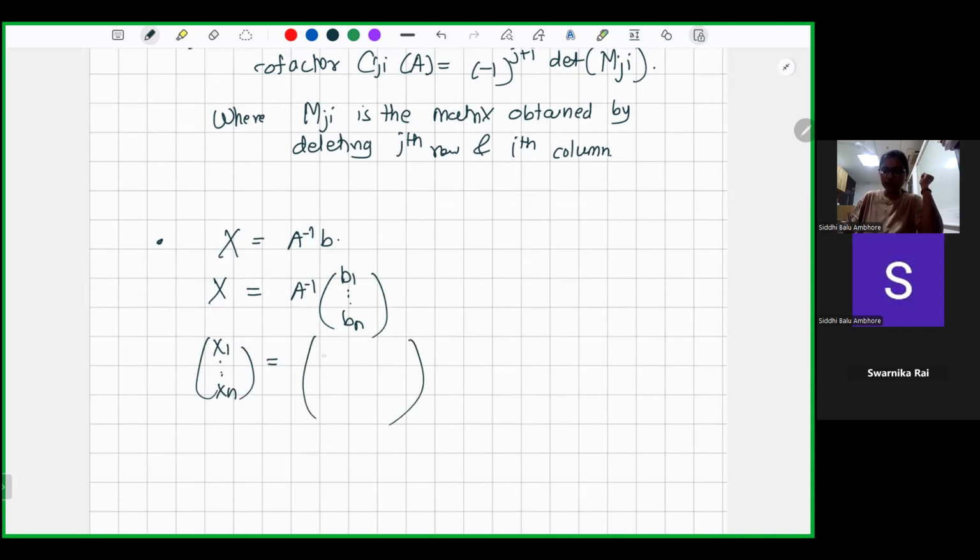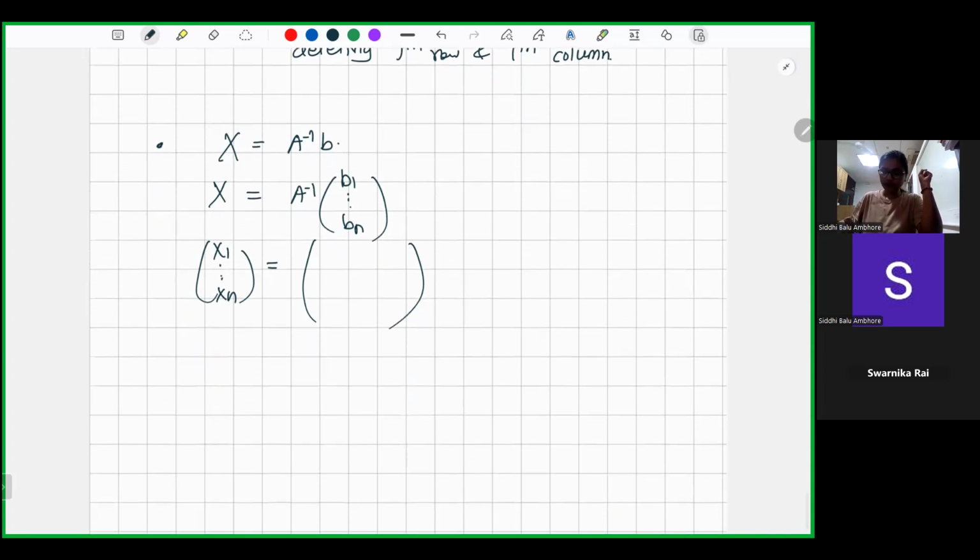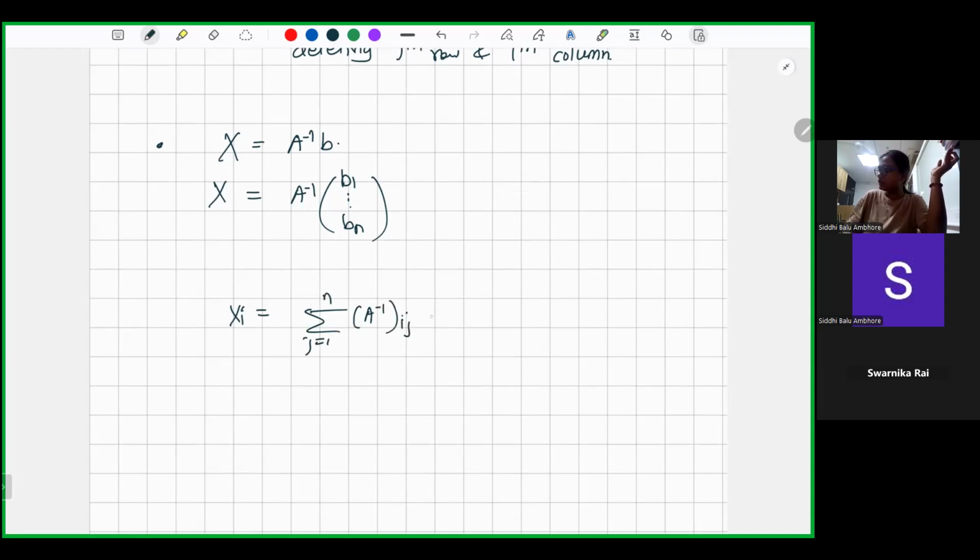Each entry will be this. What I'm trying to say is that each xi will be the summation j from 1 to n of A inverse ij bj. That's what it will be.